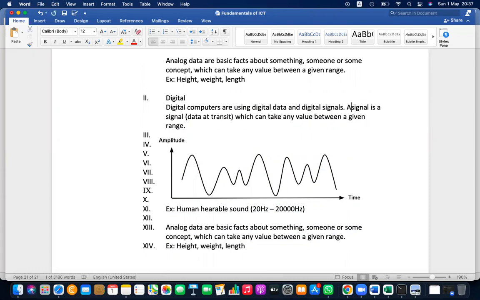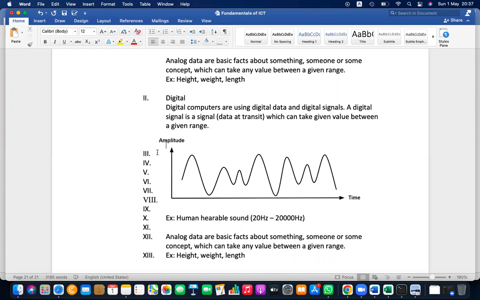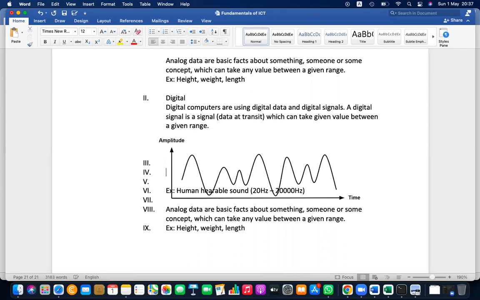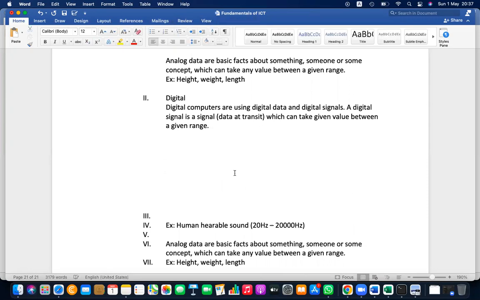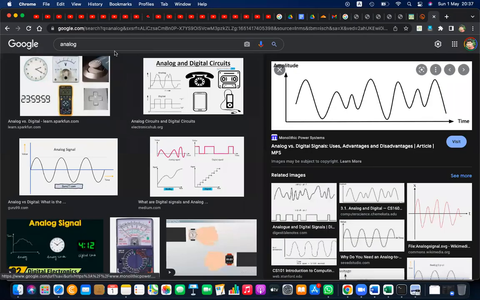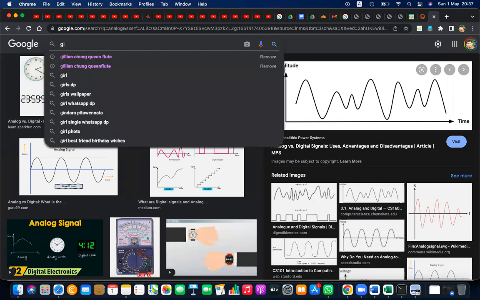A digital signal is a signal which can take not any value, but given values between a given range. It will look something like this. So it's like steps, right?